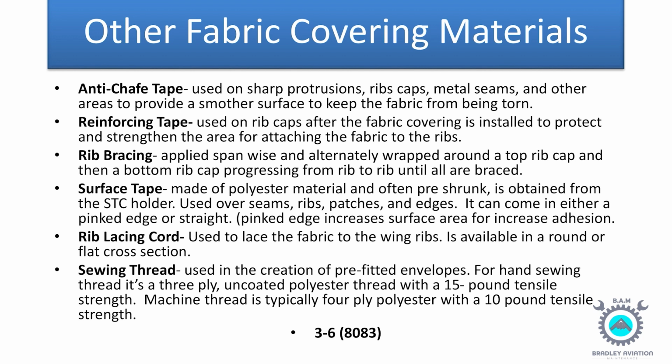Sewing thread is used in the creation of pre-fitted envelopes. Hand sewing thread is a 3-ply uncoated polyester thread with a 15-pound tensile strength. Machine thread is typically 4-ply polyester with a 10-pound tensile strength.